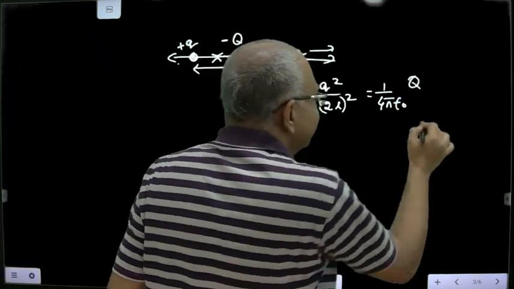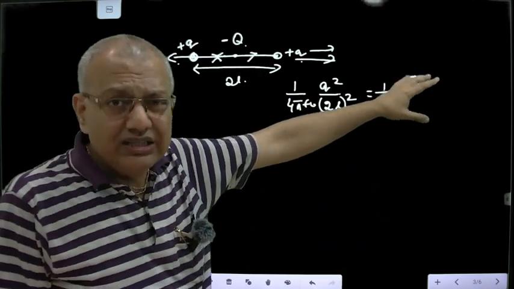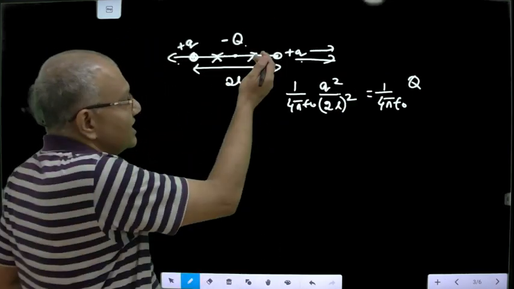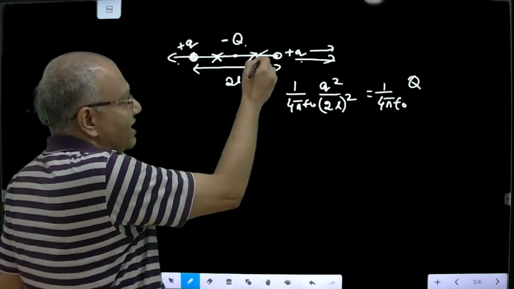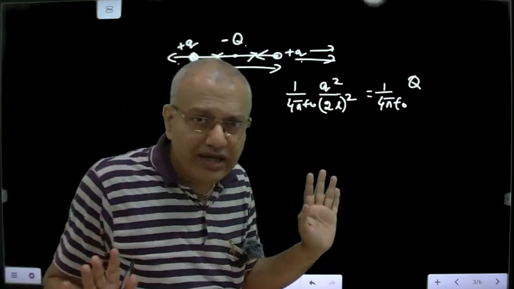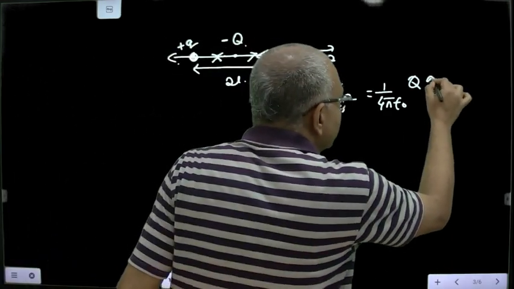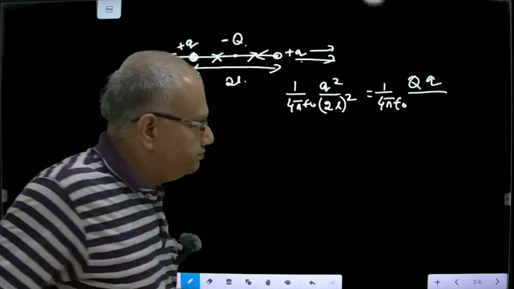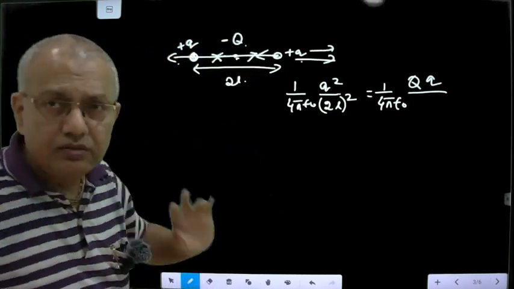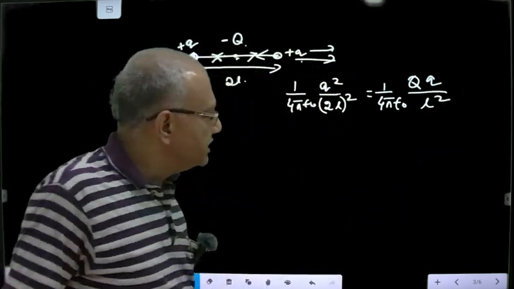You will ask, sir, why are you not putting minus Q? It is not necessary here, because this attraction and this repulsion are cancelling each other, so we just take the magnitudes. So this Q into Q divided by what is the distance? L square.